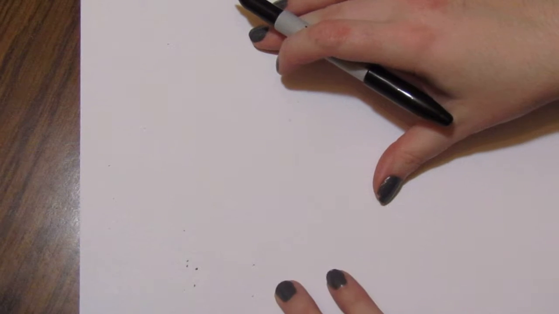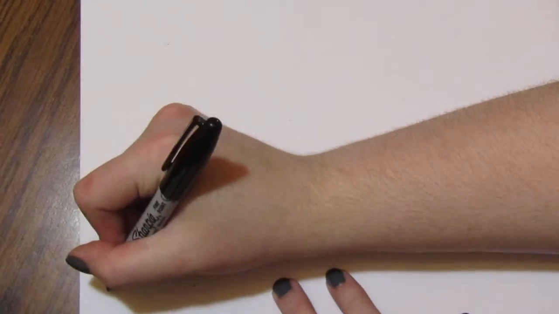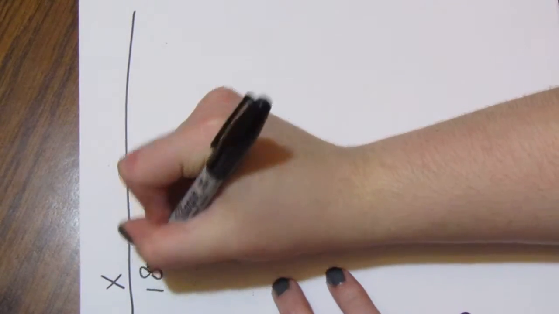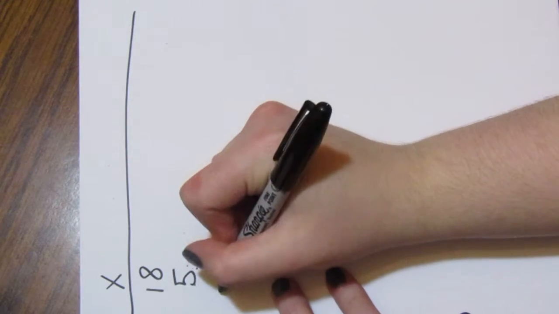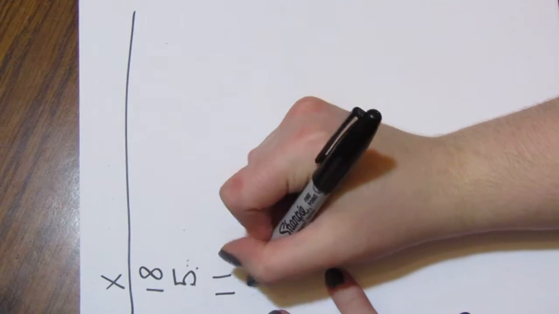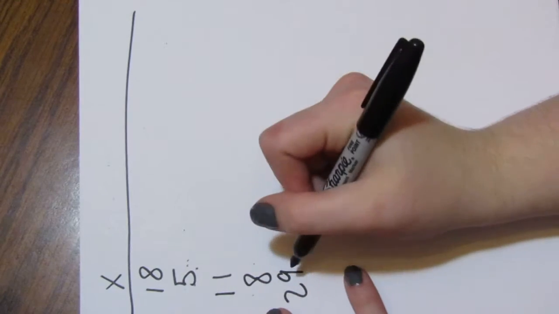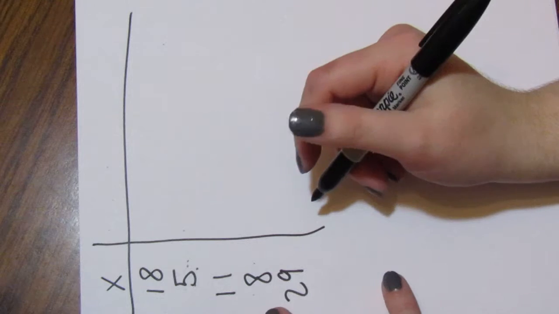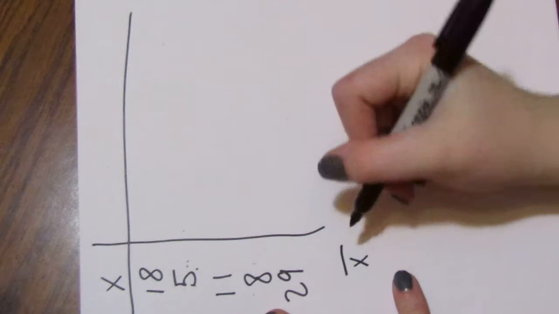So we're going to have a data set of any numbers, and those are going to go under x. So we had 18, 5, 11, 8, and 29. That's our first column. And just like I said, x with the line over it equals mean.